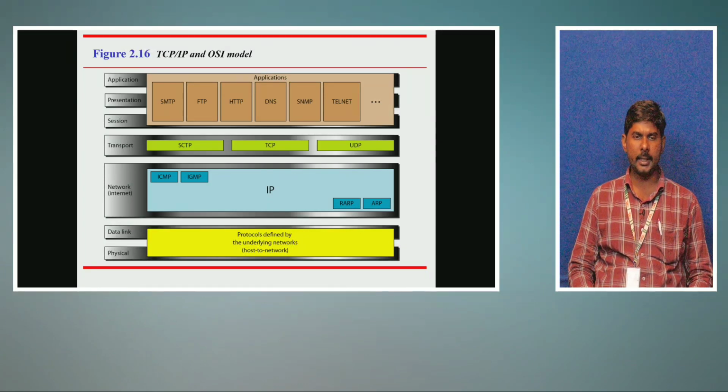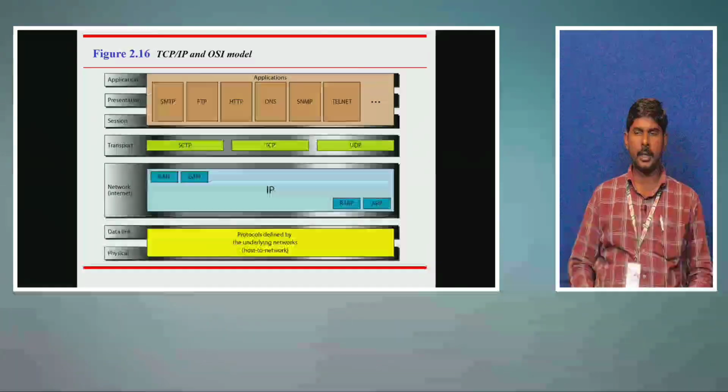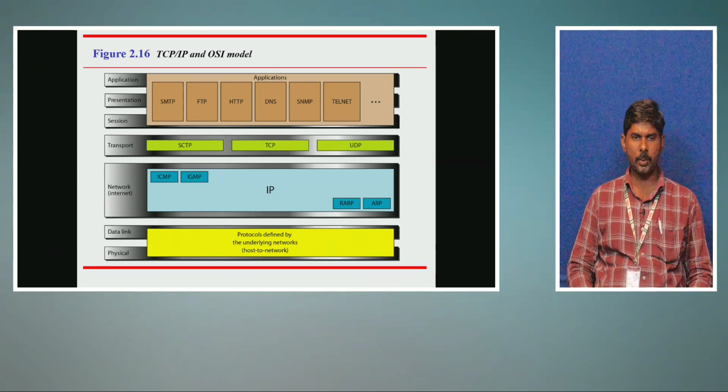The network layer is renamed as the internet layer, where Internet Protocol is one of the protocols, then Internet Control Message Protocol, ICMP, which is used to send messages. Internet Group Message Protocol is used if you want to send a group of messages.